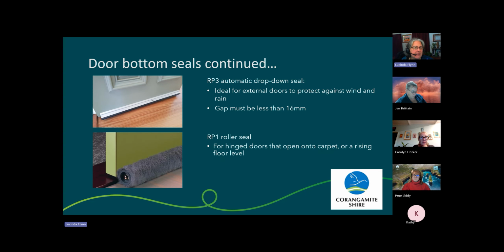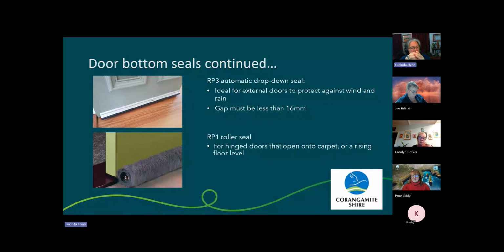This top one, the RP3 automatic drop-down seal, is, I think, one of the best suited for an external door that is open to the elements, because it keeps away rain and wind. The way they work, they're on an angle, and there's a little round, what's called a camshaft on the door frame.